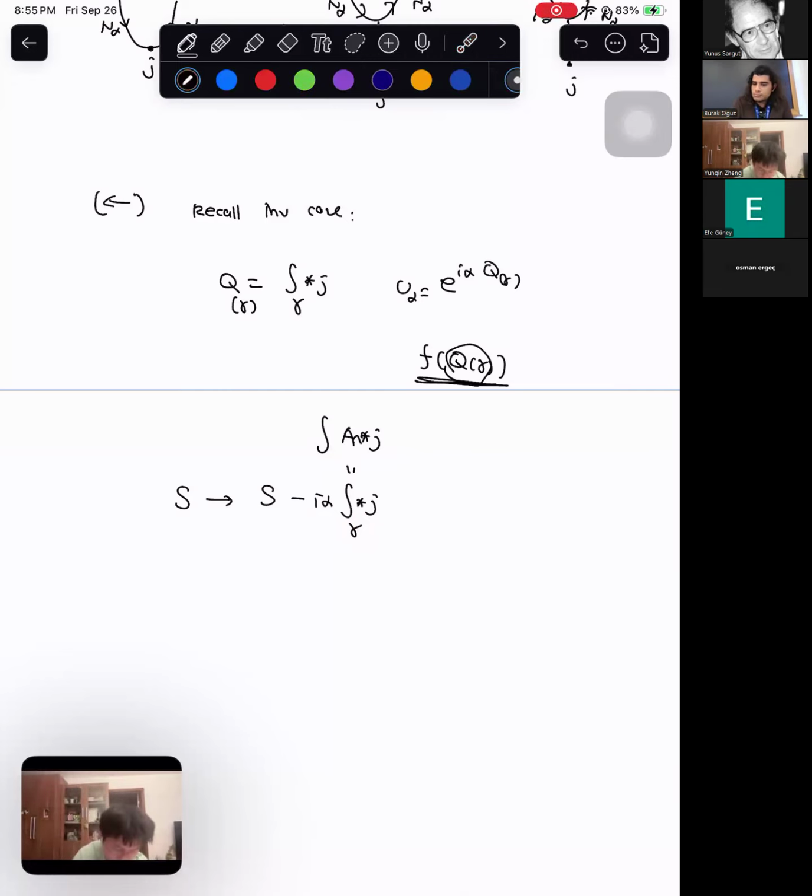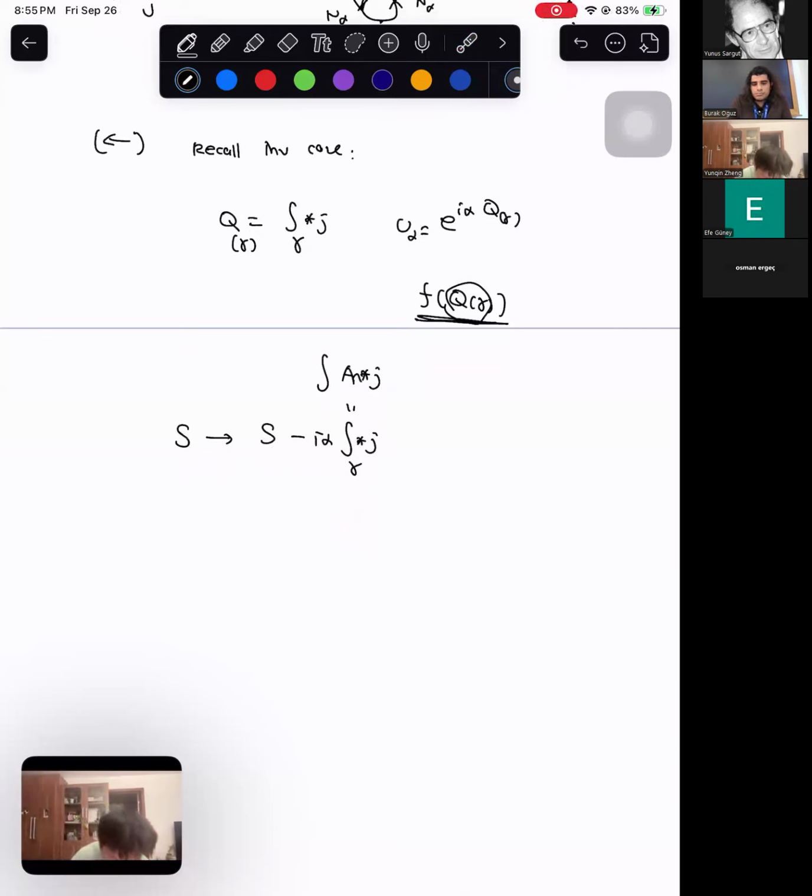And then in the path integral, maybe let's do it in Euclidean signature, this is nothing but the correlation function for the e to the i alpha star J, with possibly other operators inserted.